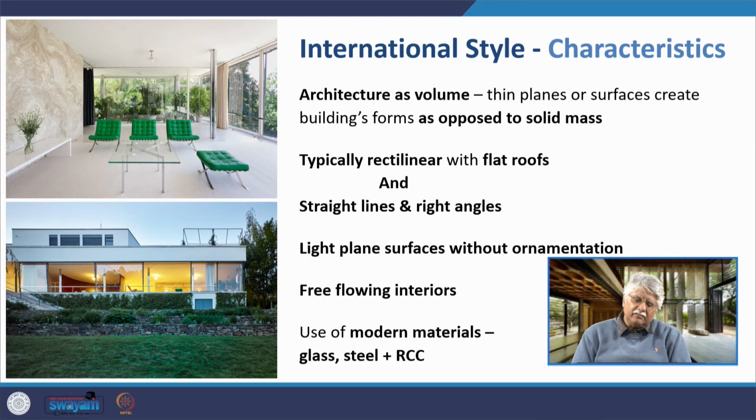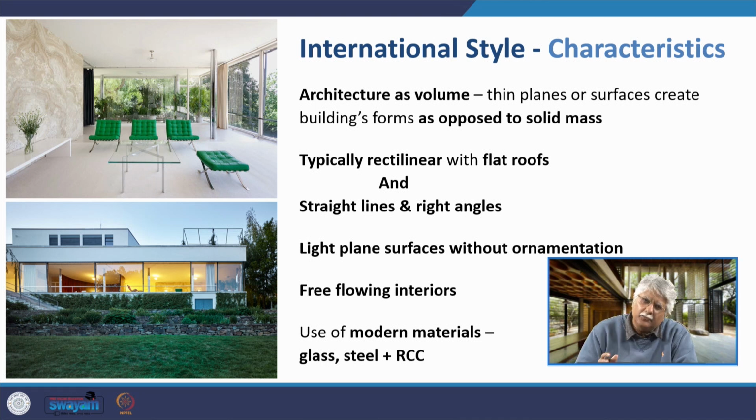The characteristics are that architecture is to be seen as a volume. Thin planes or surfaces create the building form as opposed to solid and heavy mass. Number 2, these buildings were typically rectilinear orthogonal forms with flat roofs, straight lines, right angles.